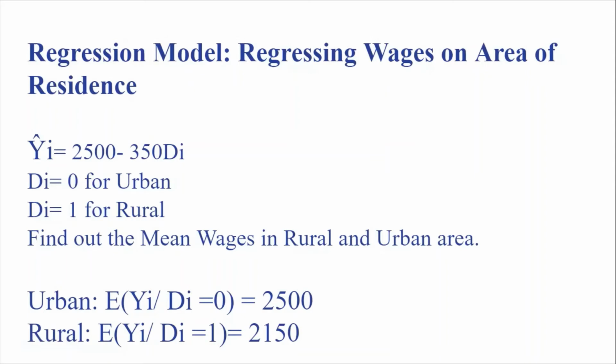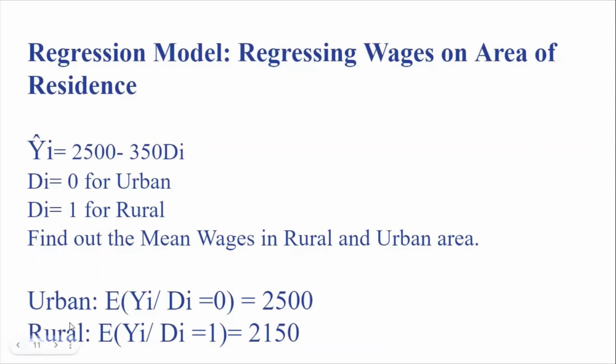To find out the mean wages in urban area, that would be expected value of yi for given di equal to 0, because 0 here indicates urban area. So if you put di equal to 0, the expected wages would be 2500, right?